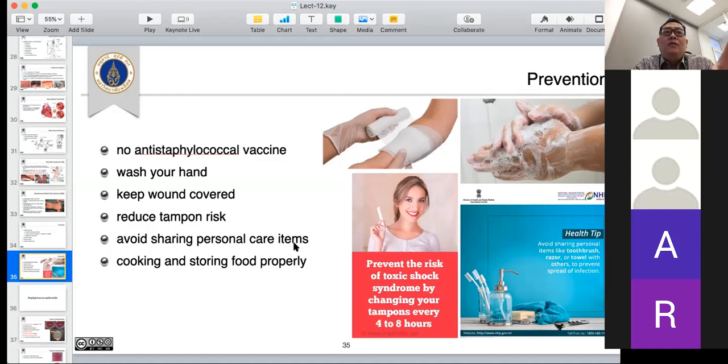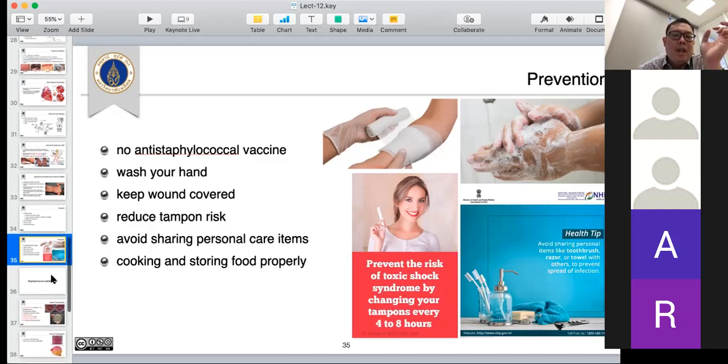Don't use your friend's stuff because you probably spread Staph aureus to each other. And cook and store food properly, don't let it get contaminated. So Staph aureus is very broad. You can get infected from a very small, easy disease to a very hard and life-threatening one, like sepsis.